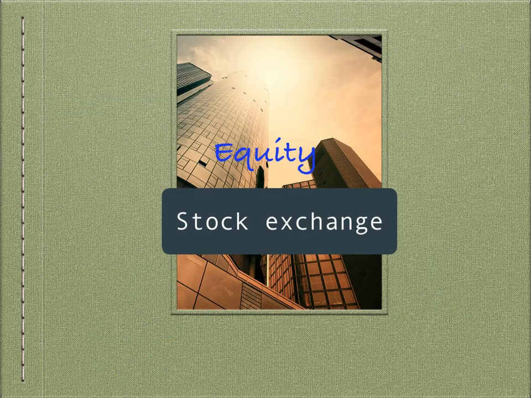Let's say the equities are listed on a stock exchange like the NYSE, LSE, Tokyo Stock Exchange, etc. And the stock exchange appoints a depository. Every stock exchange has a depository. There could be a single depository for multiple stock exchanges.